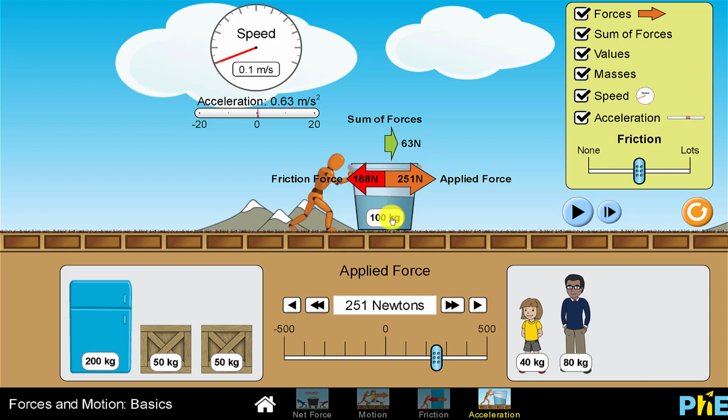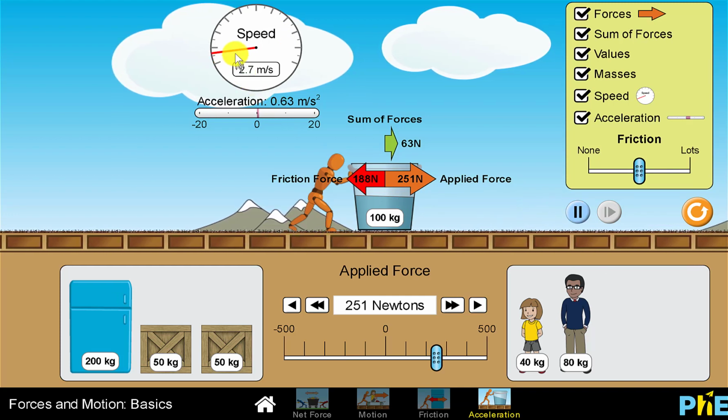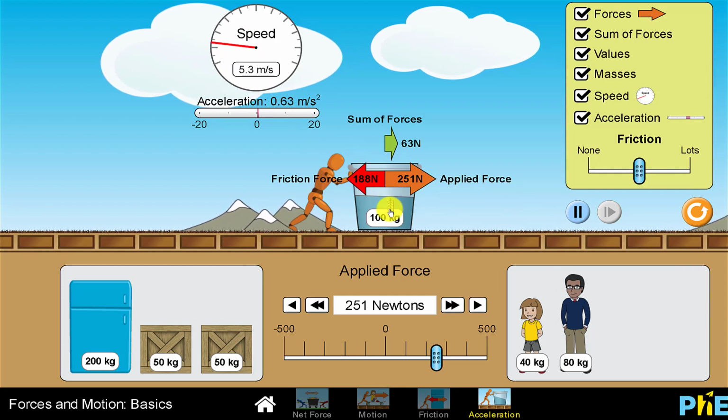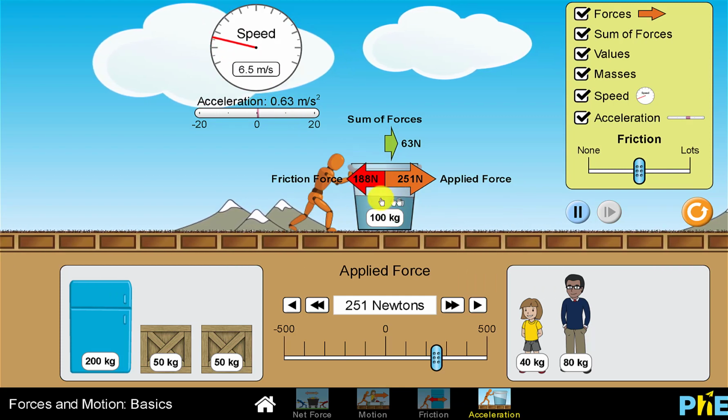The net force divided by the mass, F equals ma, so a will be F over m, so the acceleration will be 0.63. And your time's going to go up, and we'll see this go. It's accelerating, not extremely fast, but it's good. We can also see that the water in this is slanted.